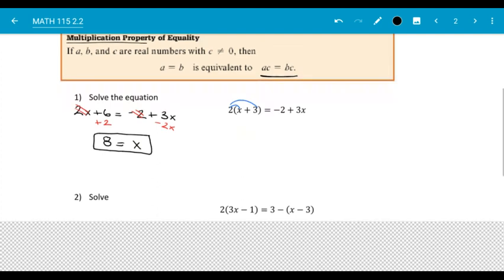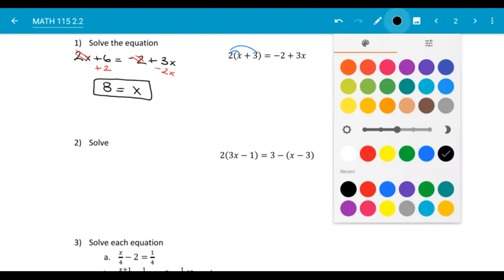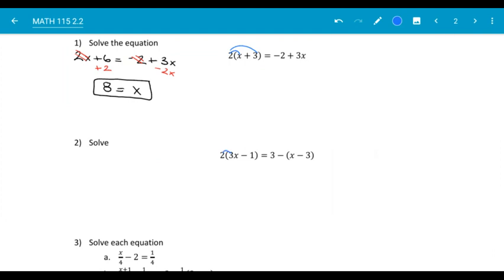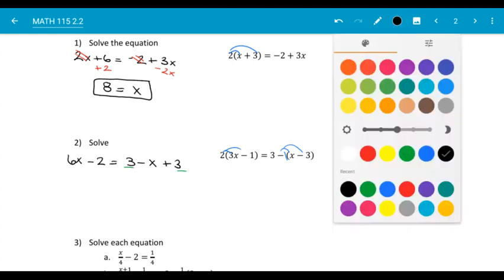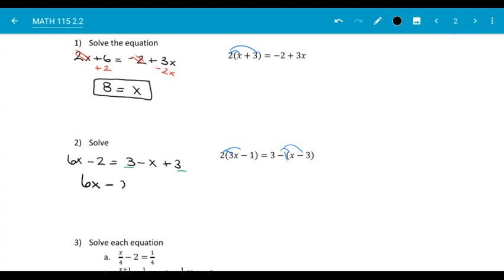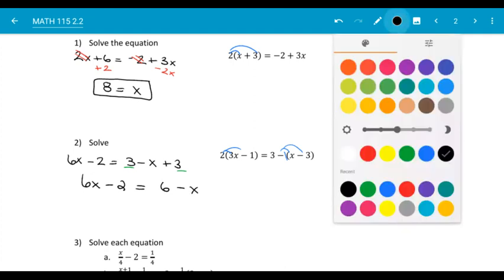If we look at the next example, again, we're going to start with some distributions. Remember, there's a negative 1 there that needs to be distributed. So that would put me at 6x minus 2 equals 3 minus 1x minus makes that a plus 3. So then if we combine the constant terms there, we would have 6x minus 2 equals 6 minus x.